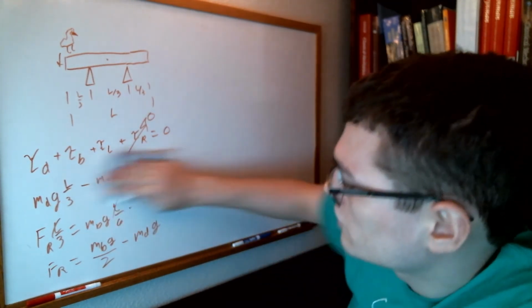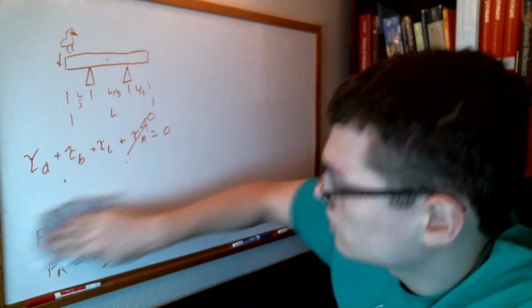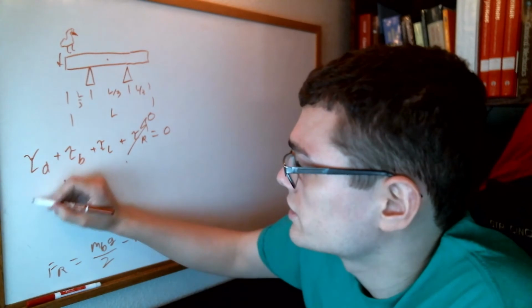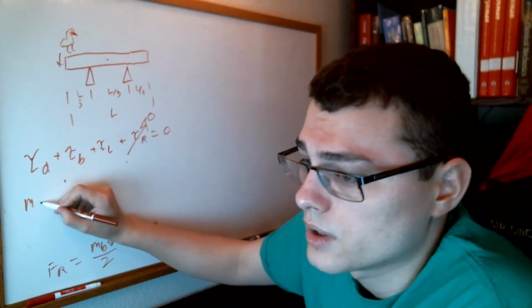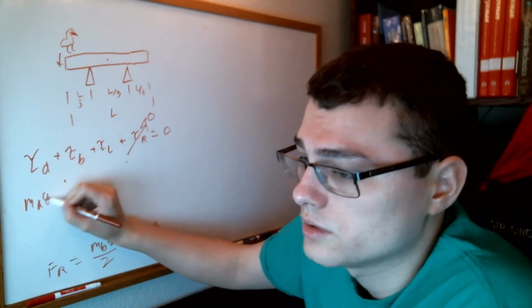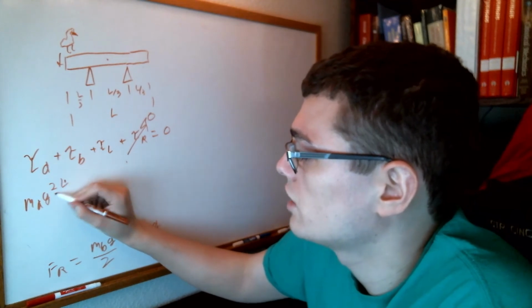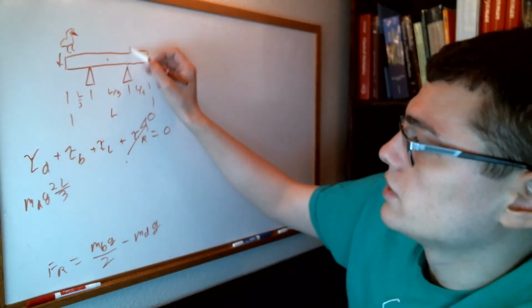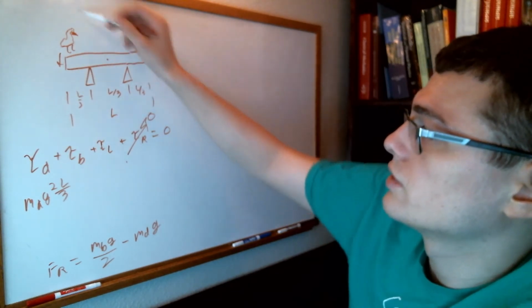I'm going to leave that bottom part up there real quick. And so then we'll just get that this is MD G, and this is going to be 2L over 3, because this distance here is 2L over 3.